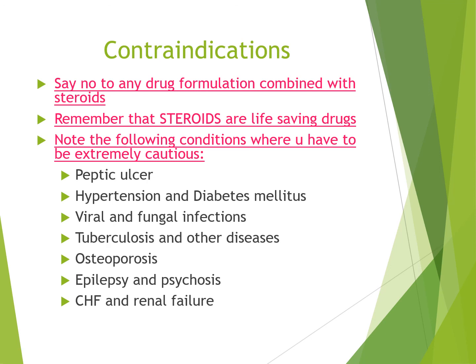The main antagonists of glucocorticoids: metyrapone, which inhibits 11-hydroxylase in the adrenal cortex and prevents synthesis of hydrocortisone, and also the glucocorticoid receptor antagonists that you have to know. This is an antiprogestin. The name of this drug is mifepristone, and mifepristone acts as a glucocorticoid receptor antagonist as well.